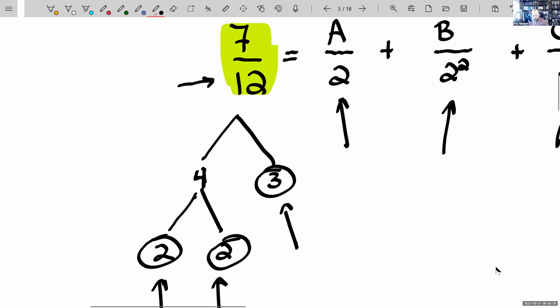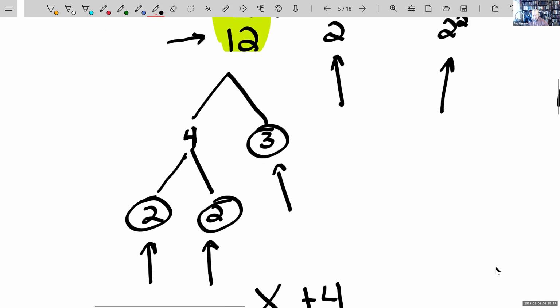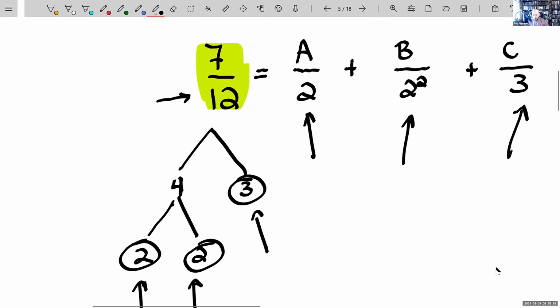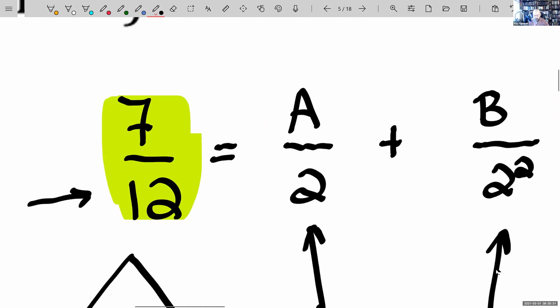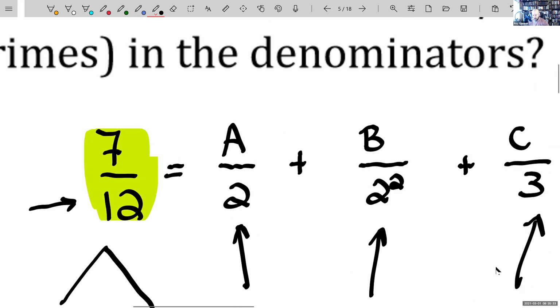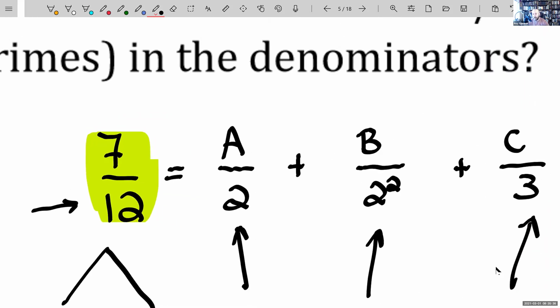So that's the prime factorization, 2 times 2 times 3. So we could hope that 7/12 could be broken into the sum of subfractions where the denominators are its prime factors, 2, 3, and then 2 times 2.